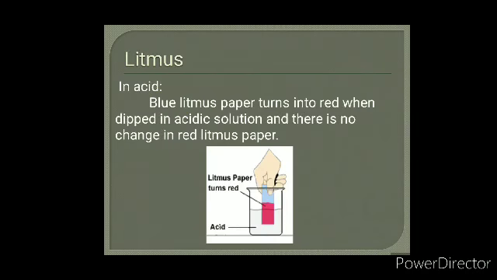As we already discussed, it is also available in paper form. Mainly it is available in two colors. One is blue, the other is red. In acid, blue litmus paper turns red when dipped in acidic solution, and there is no change in red litmus paper.